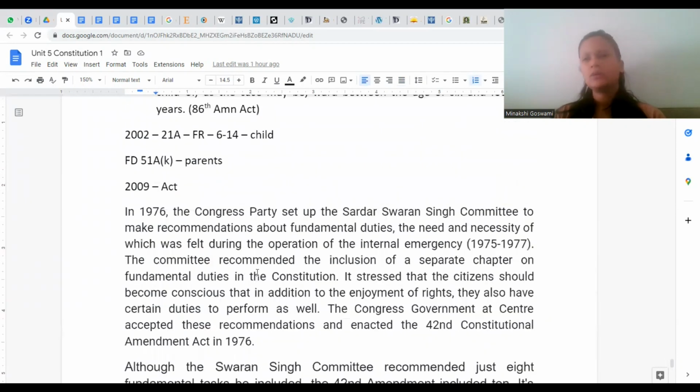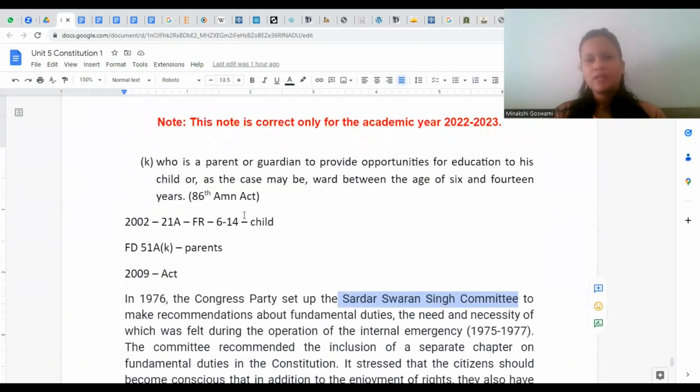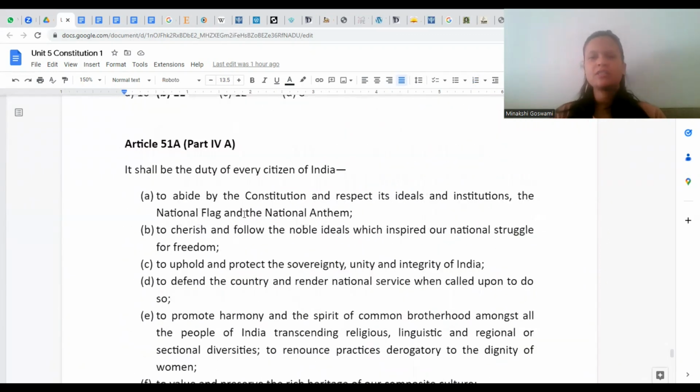Out of the recommended ones, they accepted some, they added 2 on their own, and a total of 10 duties were added by the 42nd Constitutional Amendment Act. You can remember the name of this committee, Sardar Swaran Singh Committee, which gave the recommendations regarding addition of a separate part in the Constitution that will talk about fundamental duties.